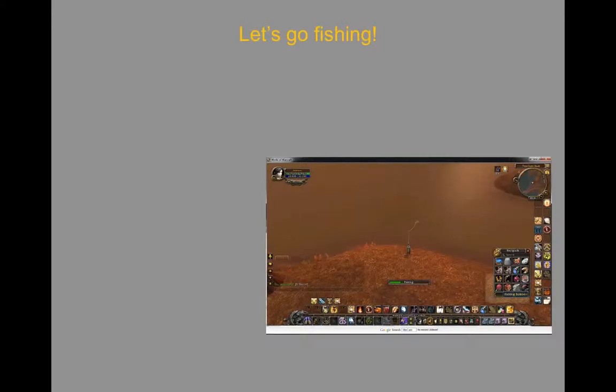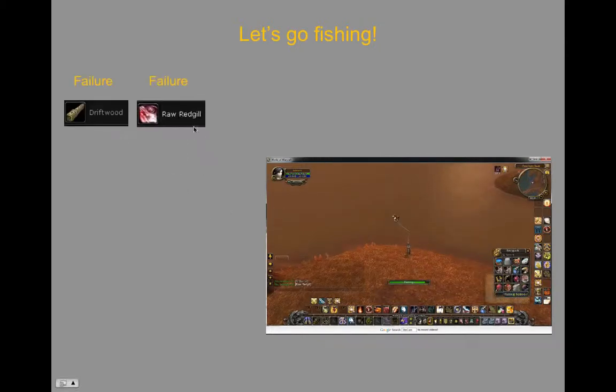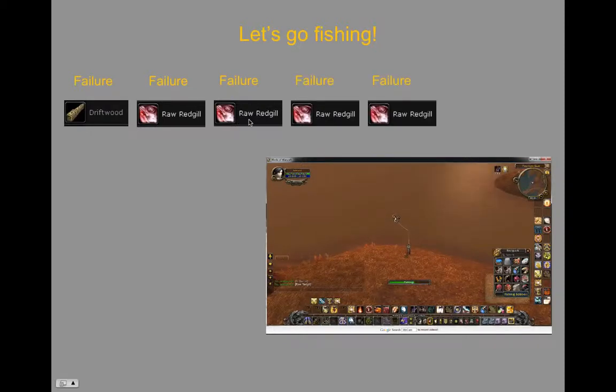So the first catch was a driftwood over there, and then I have a raw redgill, which is a failure, and then I'm going to get another raw redgill, and I will have 4 raw redgills, and then finally a salmon. So this is 5 failures.